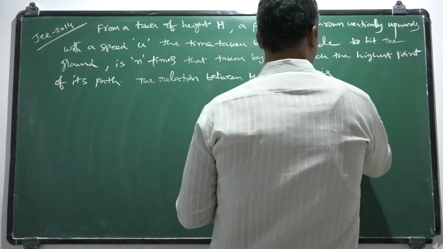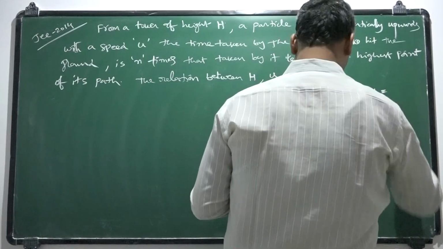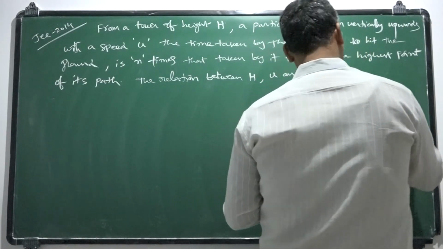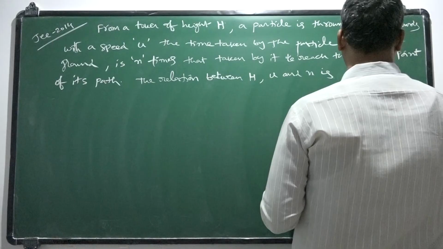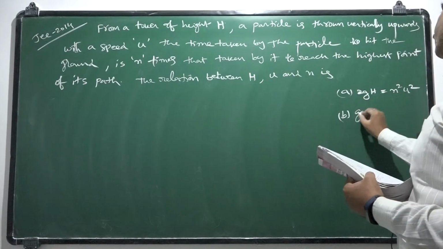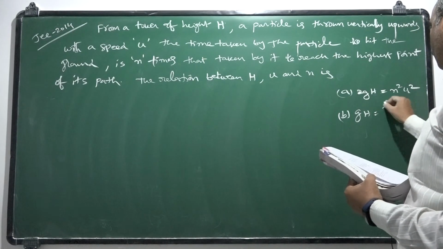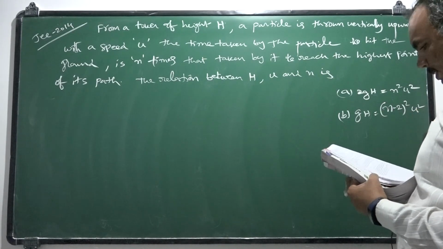They gave options like this: 2gh is equal to n square u square. Second option, gh is equal to n minus 2 whole square u square.